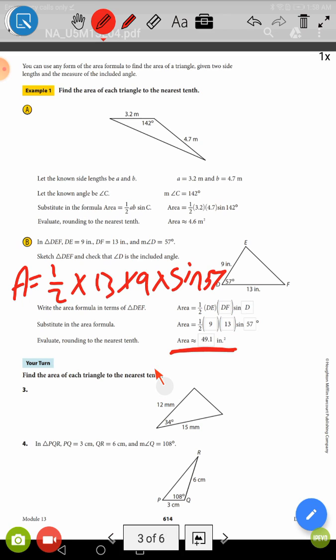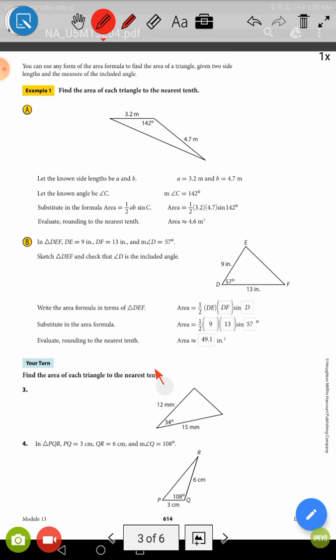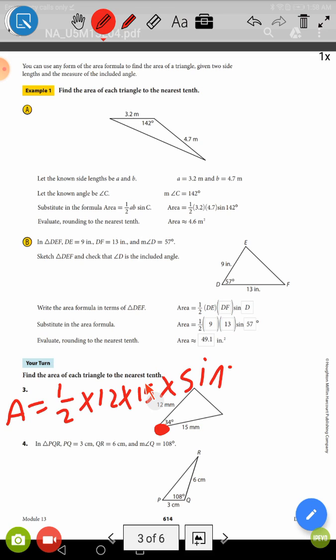Your turn. How to solve number 3? That is our included angle. So the area equals half multiplied by 12, multiplied by 15, multiplied by sine 34.